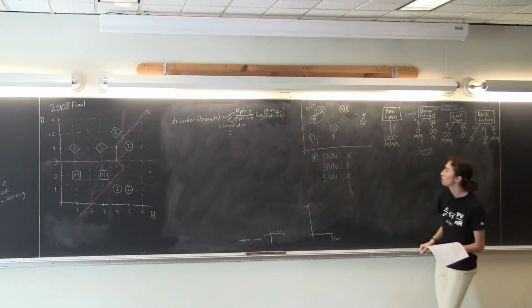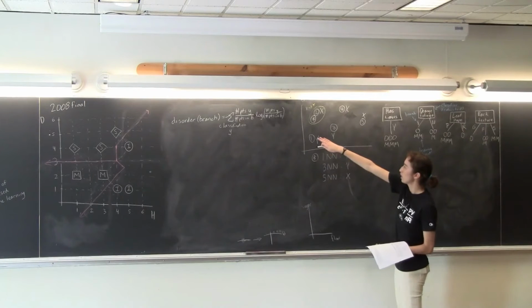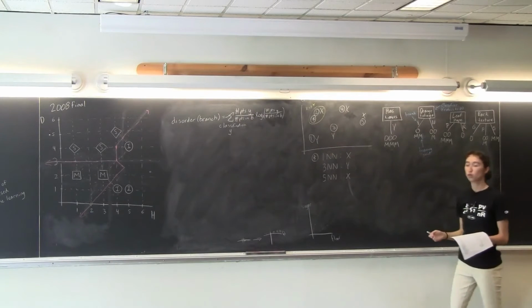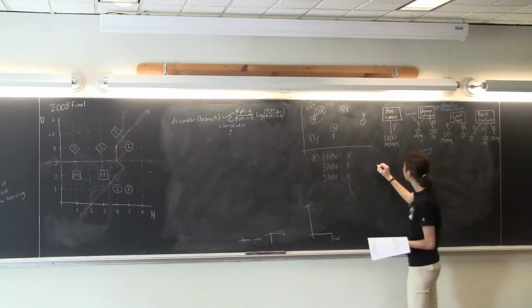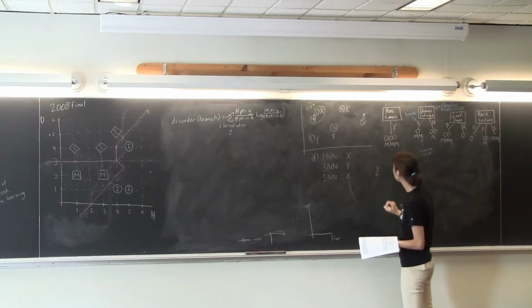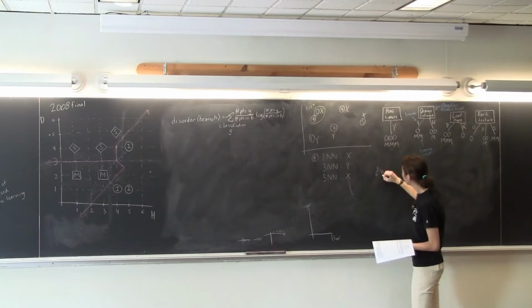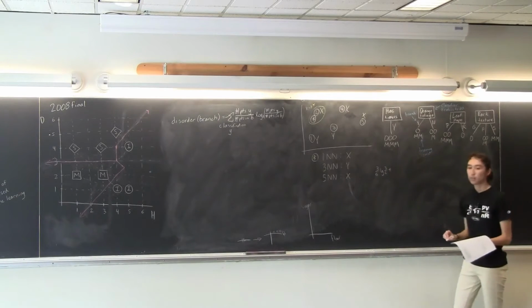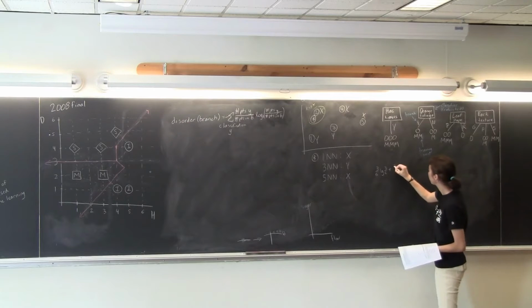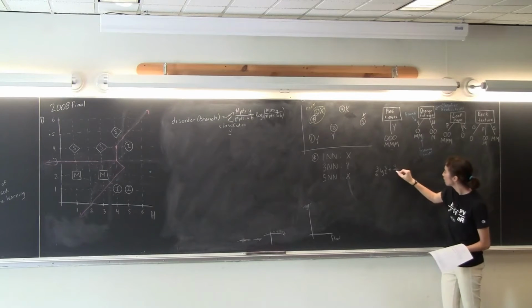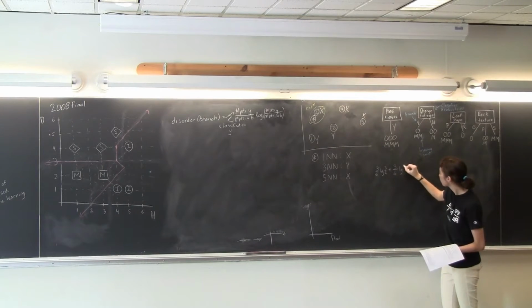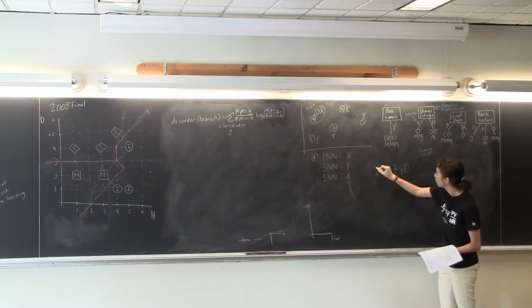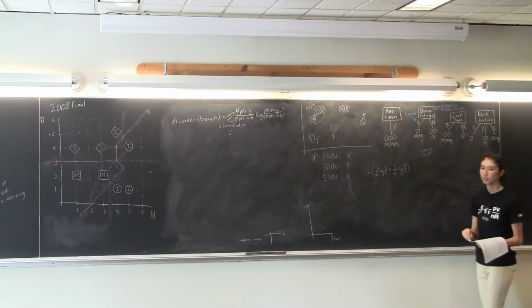We have oak and maple. So we'll start with oak, and we'll look at the number of points that are oak over the total number of points in this branch. So we'll have 3 out of 6 times the log base 2 of that same fraction. And then we look at maples. That's also going to be 3 of them are maples out of 6 in the branch times the log of that same fraction. And we'll add those together and negate it.